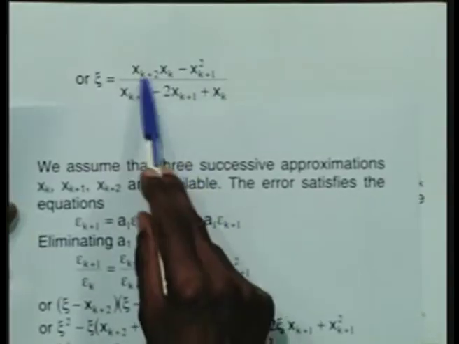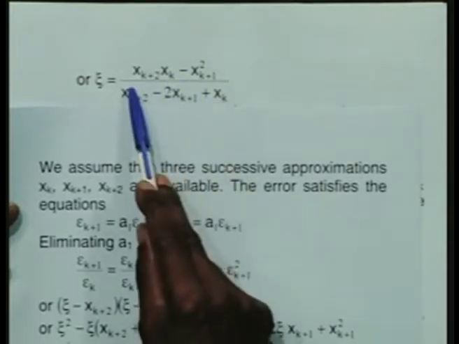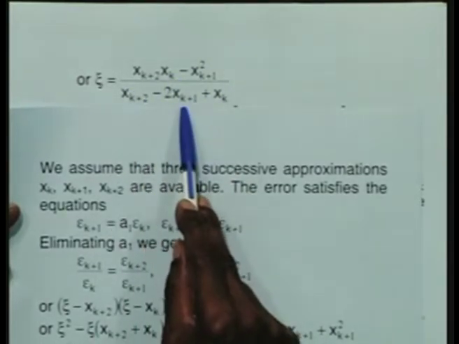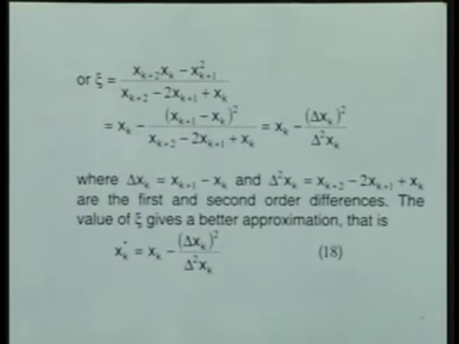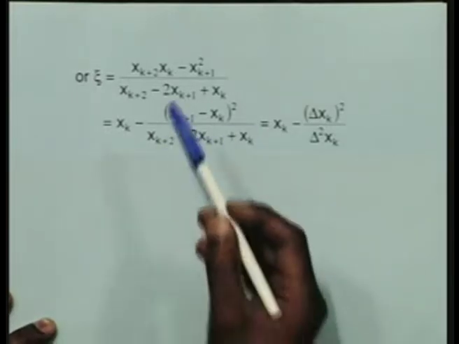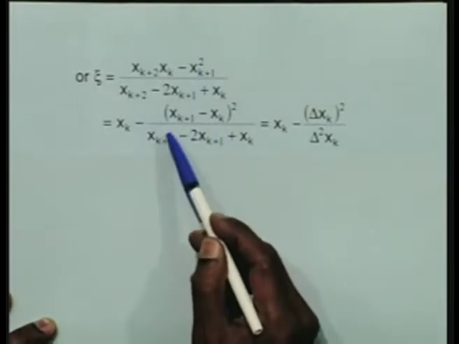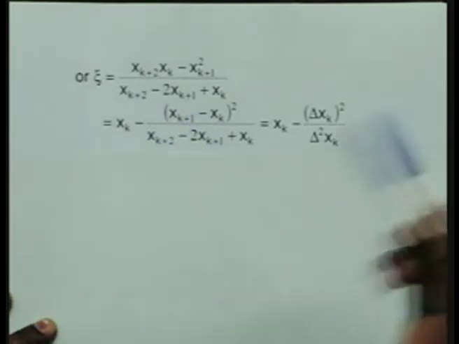Now, I can write xi as, from here I will take this to this side and write this as x k plus 2 minus x k plus 1 whole square divided by x k plus 2 minus twice x k plus 1 plus x k. Now, in all the methods we are writing x k plus 1 is equal to x k plus something.